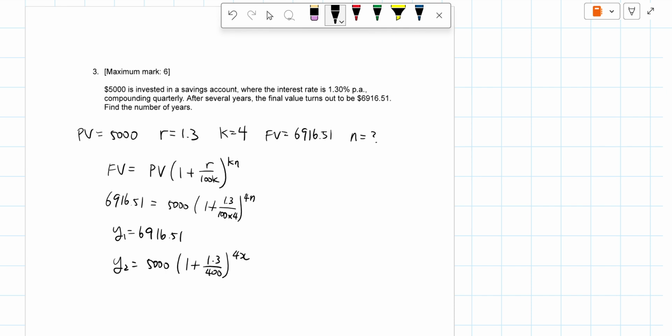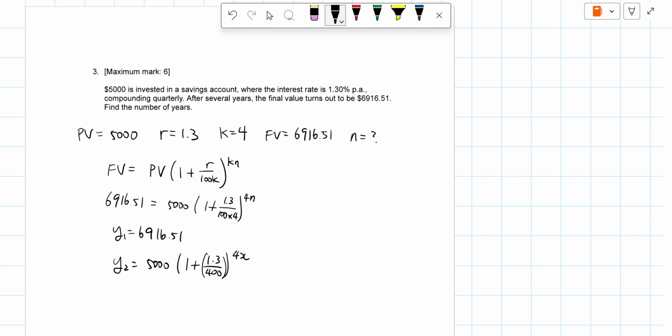On the next line, I'm going to plot y equals 5,000 multiplied, open bracket, 1 plus, open bracket again. I'm going to put a bracket around the division just to make my life a bit safer. 1.3 divided by 400, close bracket, close bracket, to the power of 4x.